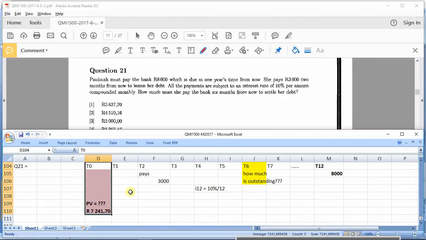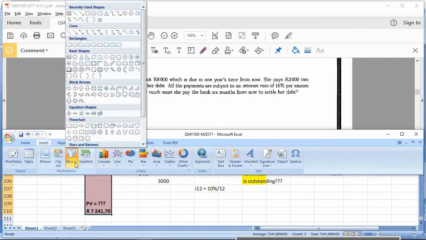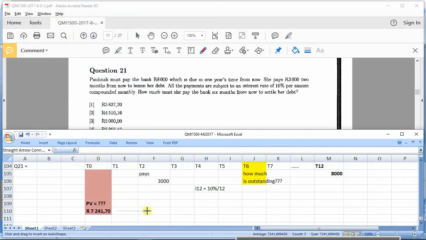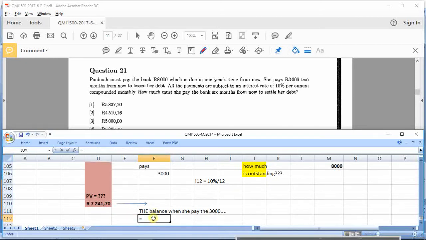Then this must be taken forward by 2 months, so the balance when she pays the 3,000. Let's see the future value. FV is going to be, what's the rate?